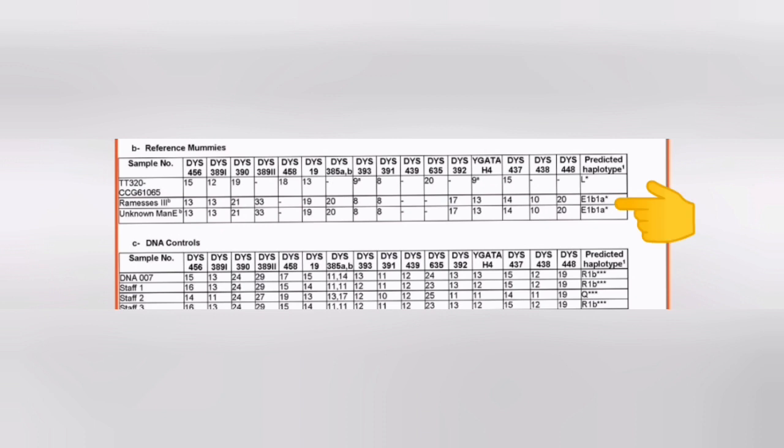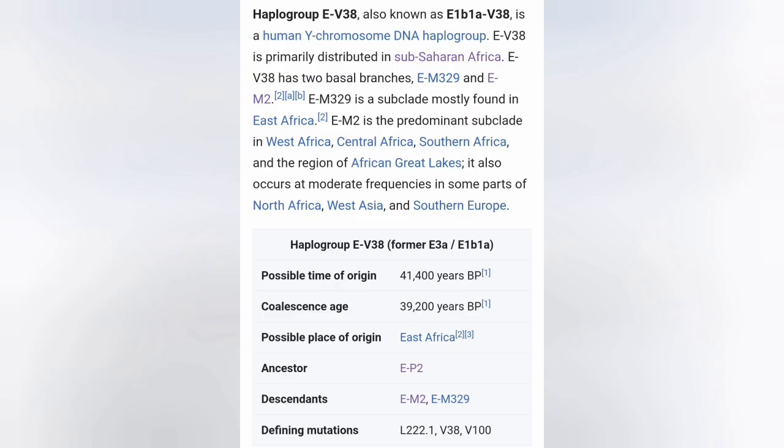So the next one is E1B1A, and this is the African DNA. It's most frequent in sub-Saharan Africa. And like I said with the other ones, in small percentages, usually it's a sign of being mixed.